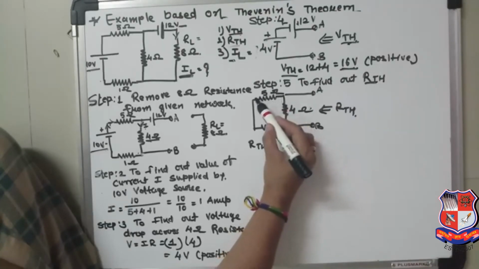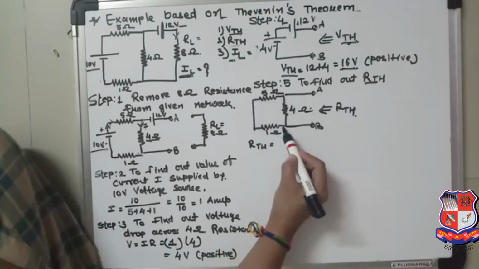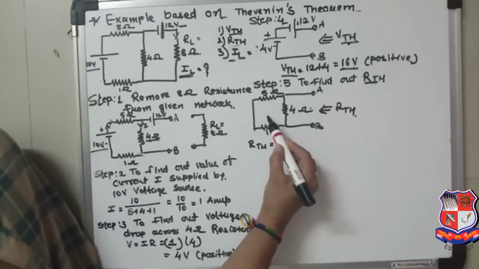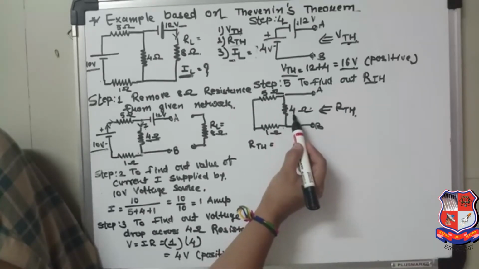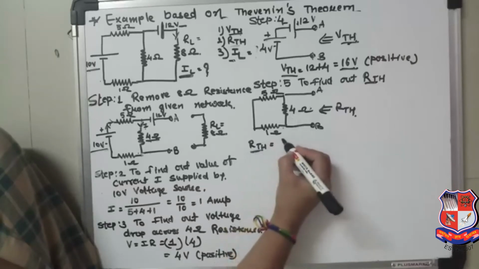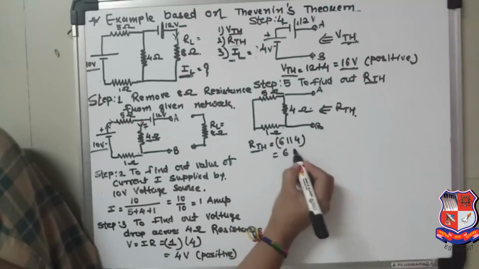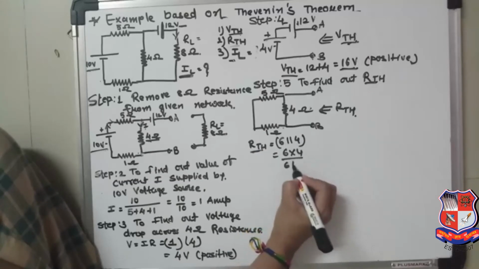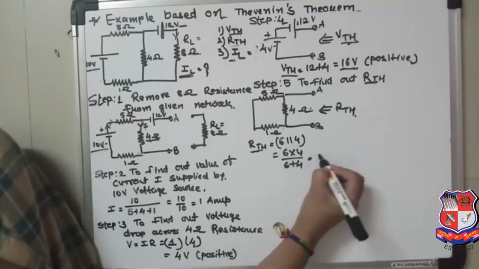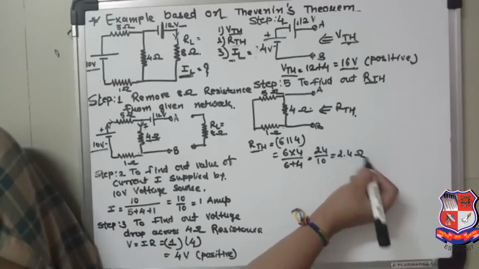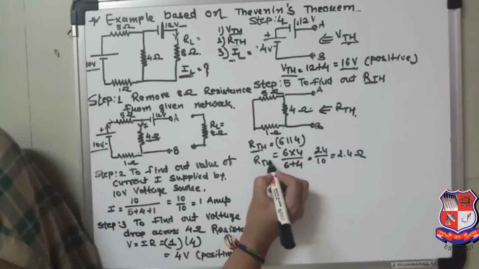Here 5 ohm is in series with the 1 ohm. So 5 plus 1 is 6 ohm, and that 6 ohm is connected parallel to the 4 ohm. So my RTH will be 6 parallel to 4. So 6 into 4 divided by 6 plus 4, that is 2.4 ohm, that is the RTH.